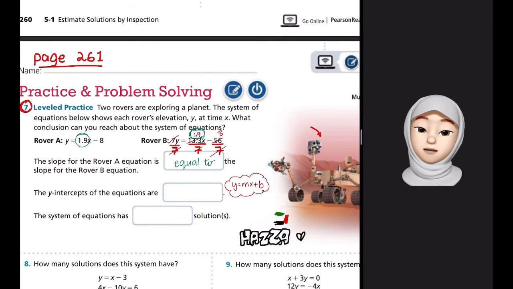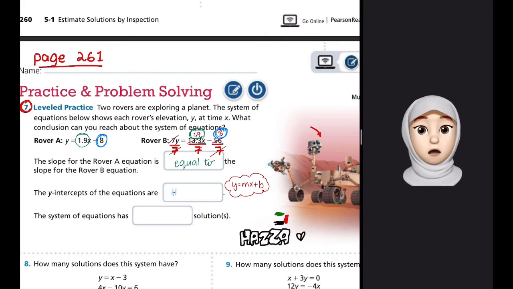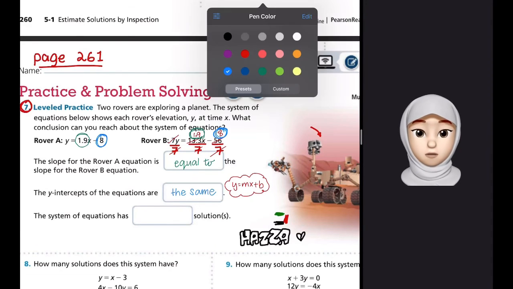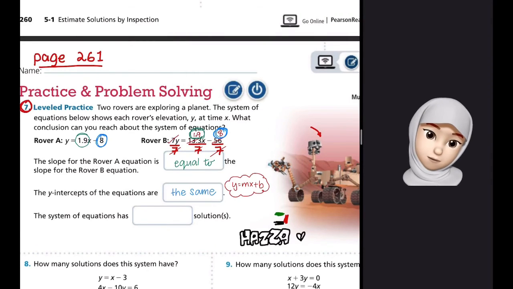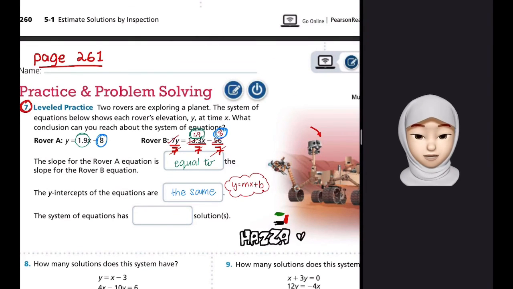What do you notice about the y-intercept in the two equations? Yes, if I divide negative 56 by 7, I get negative 8. So I have the same y-intercept in both of them. If I have the same slope and the same y-intercept, it gives me infinitely many solutions.